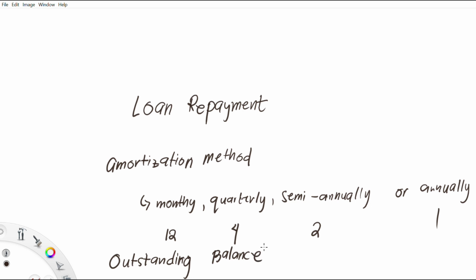One method to compute the outstanding balance is to get the present value of all remaining payments. So when we use the present value to solve for the outstanding balance, this method is called the prospective method.